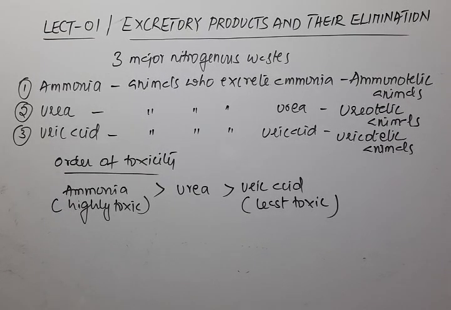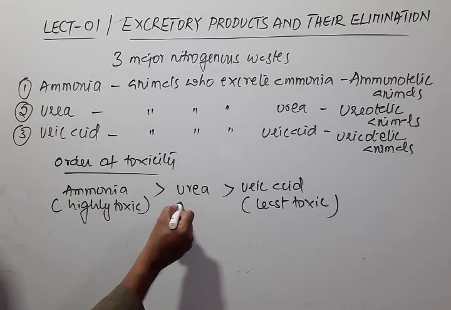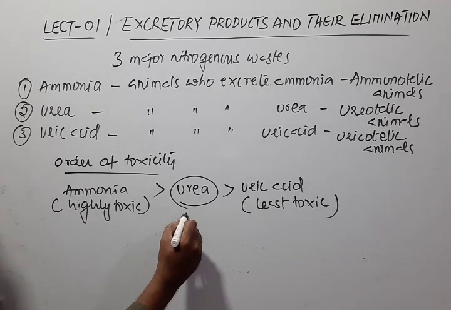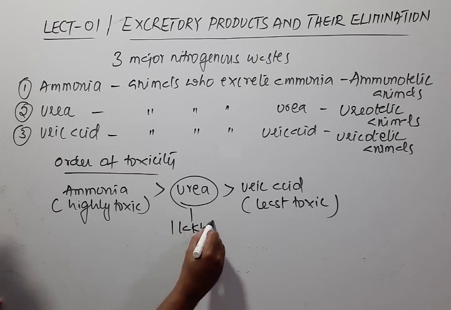Right. So if I compare urea with ammonia, how toxic is it? Urea is 1 lakh times less toxic than ammonia.